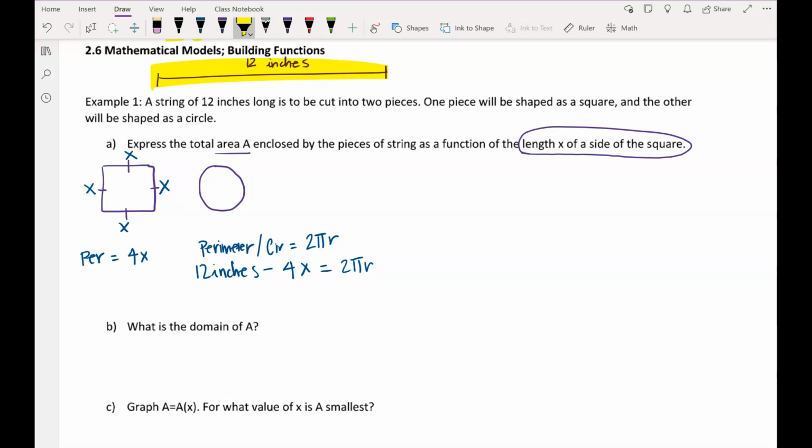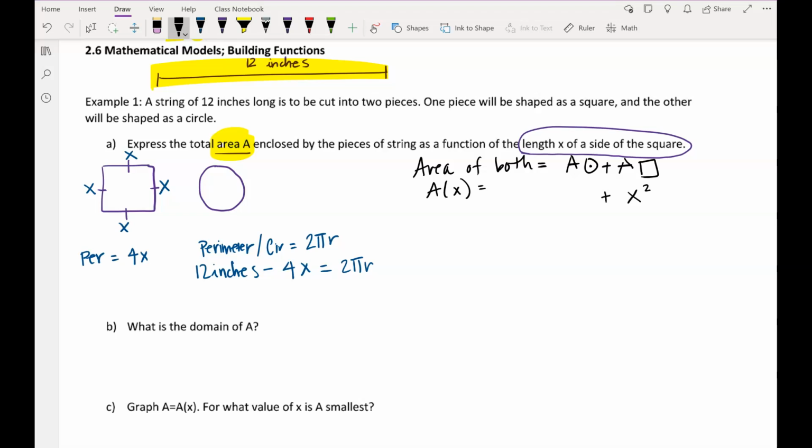So now it says, write the area of both shapes. The area of both equals the area of the circle plus the area of the square, and it wants it in terms of x. So the area of the square first: x times x, which is x squared.